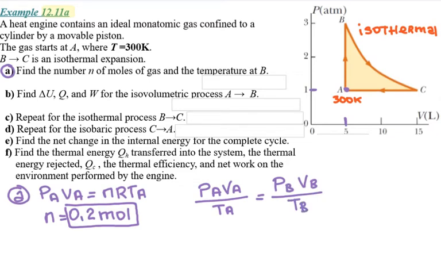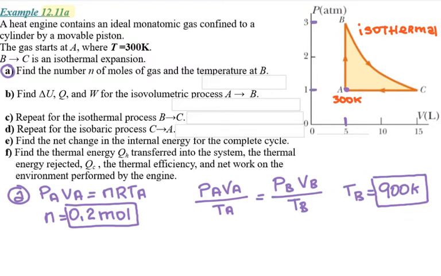And from here I'm going to calculate that TB is equal to 900 Kelvin, because PB is 3 times 10 to the 5, 3 atmospheres. The volume at B did not change, it's still the same, 5 times 10 to the negative 3 meter cubed. And the temperature at B we're asked to find.